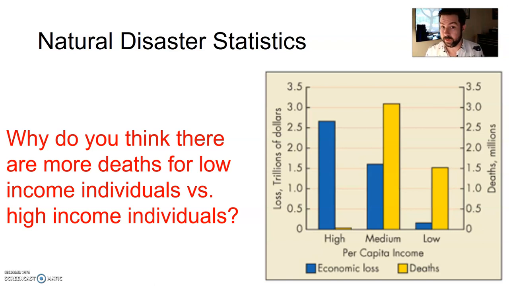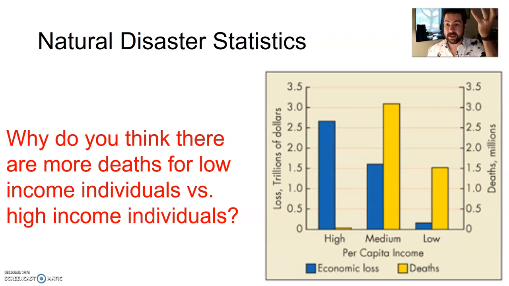If there's an earthquake in the United States, a lot of buildings in earthquake-prone areas are built to withstand that, versus if you're in an earthquake somewhere else, in the middle of Nepal, where building codes aren't enforced, there's not enough money to enforce said things, or to build those kinds of buildings. Well, more people are going to die because more buildings are going to collapse. So you get more deaths in low-income countries.